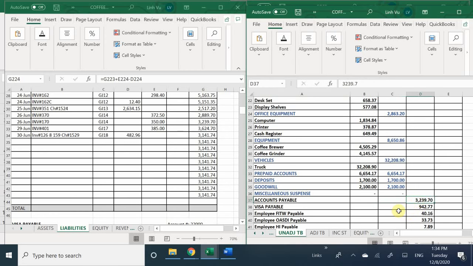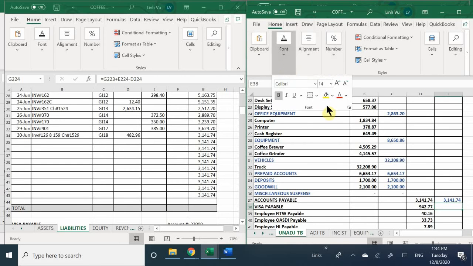Okay, so accounts payable, 3141.74. Now, of course, you can also go ahead and place it right into the account on the left, because that is the main account.